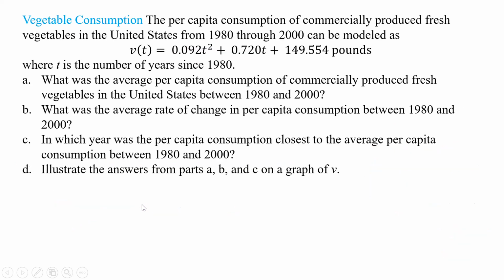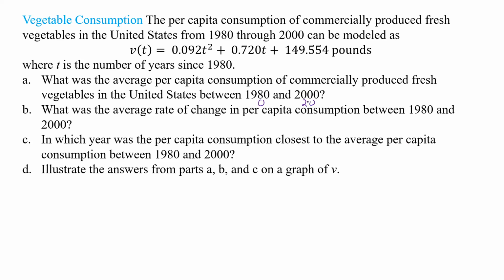What about vegetable consumption? The per capita consumption of commercially produced fresh vegetables in the US from 1980 to 2000 can be modeled as that function. And what was the average per capita consumption of commercially produced fresh vegetables in the US between 80 and 2000? All right, so 1980, well, that was when it started. So if we plug that in, that's 0, and 2000 is 20 years later.